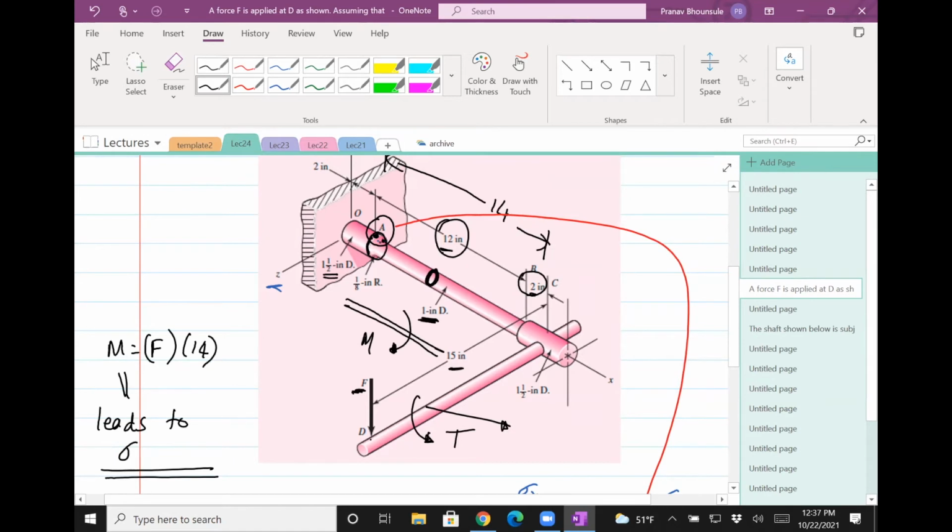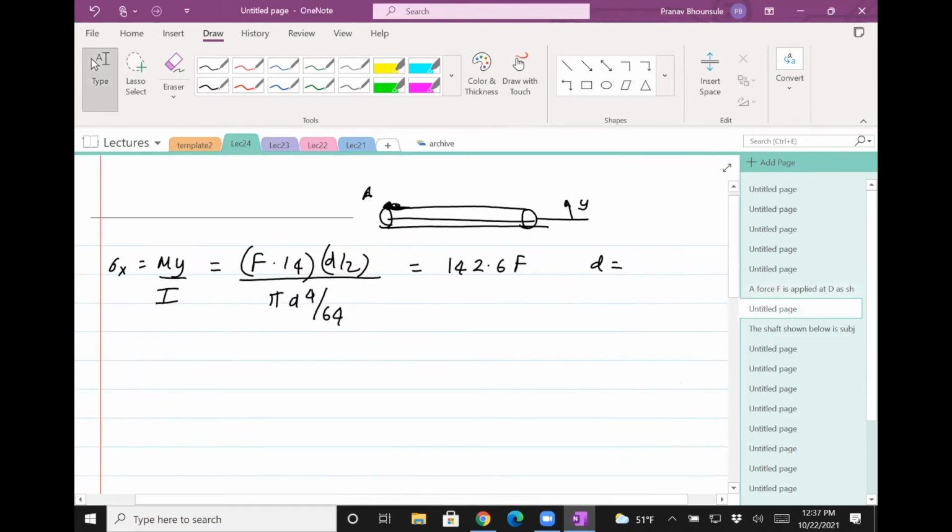The bigger the diameter, the less the chance of failure, because as the diameter increases, the factor of safety also increases. So I used D equals 1 inch in this formula.